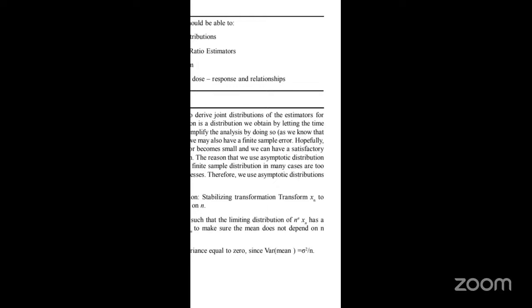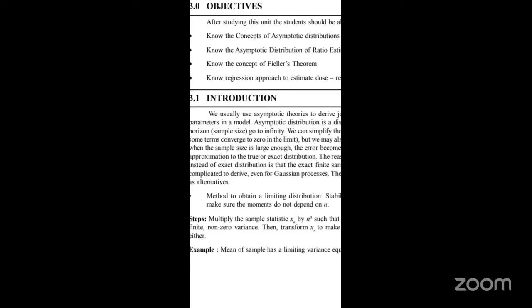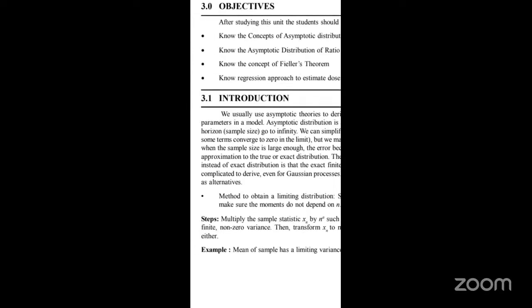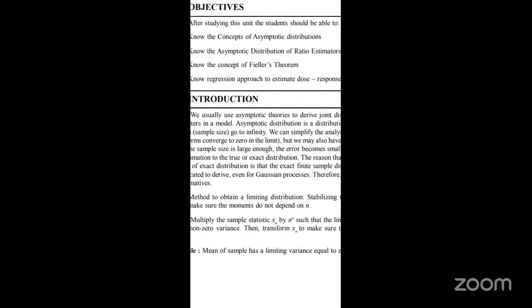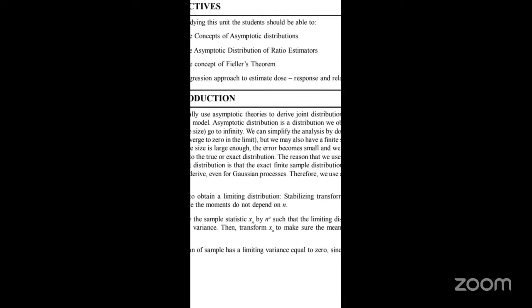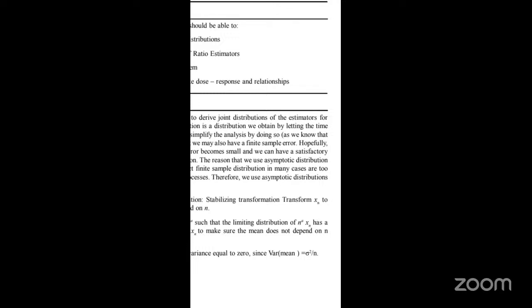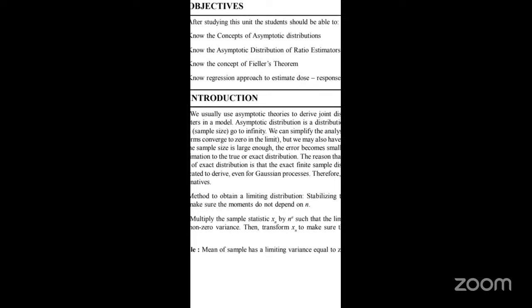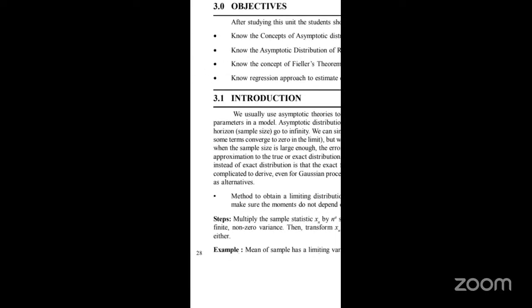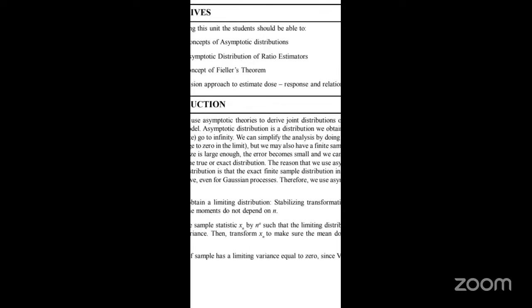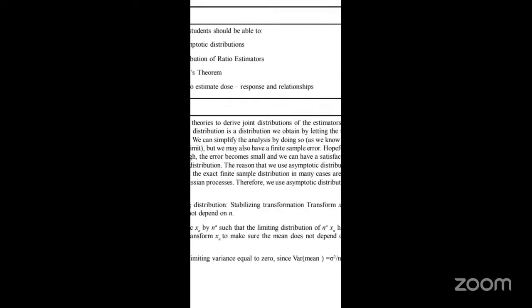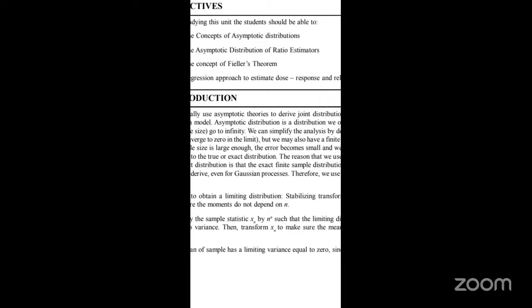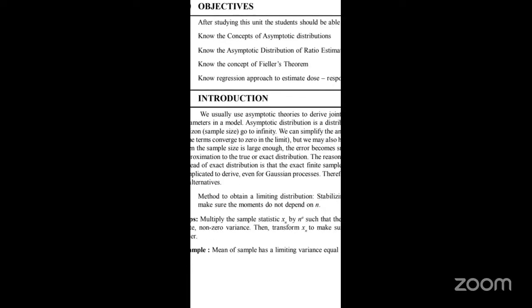We know that some terms converge to zero in the limit, but we may also have sample error. Hopefully, when the sample size is large enough, the error becomes small and we can have a satisfactory approximation to the true or exact distribution.